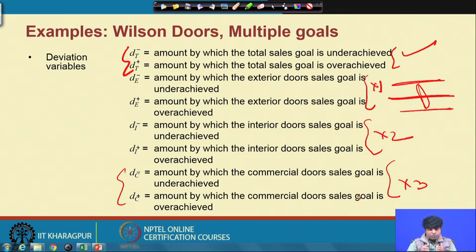Now we have actually designed a kind of structure in such a way that the objective function has some kind of deviations. That is how the goals are achieved.